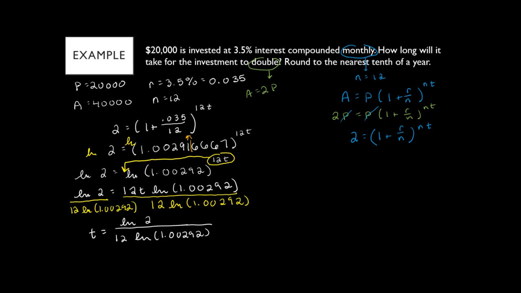Then you want to put this in your calculator. You need to make sure that you have parentheses around your entire denominator, so that you're dividing by everything correctly, because we're dividing by both the 12 and the natural log of 1.00292.